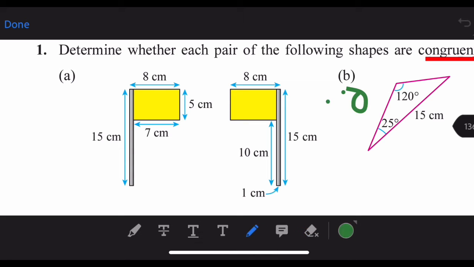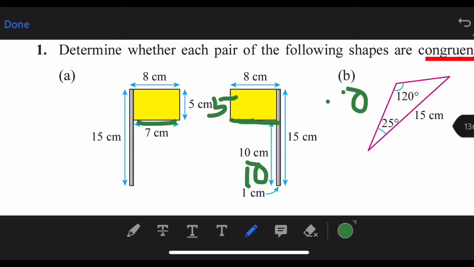This one is 7, so this one is not given. But we have confirmed this one is 5, this is 10, so the rest will be equal, only that this side is not given.